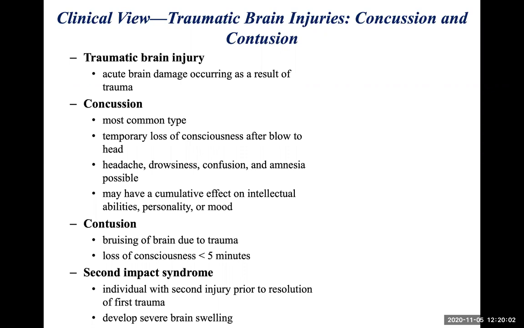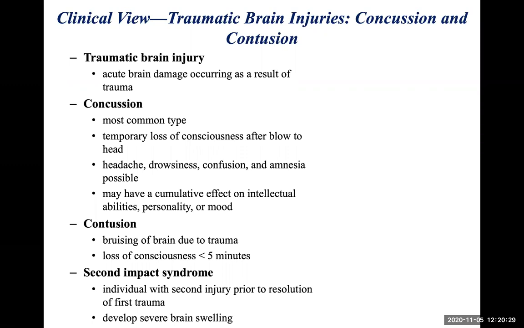And then the second impact syndrome, what I want you to know about that is that it's tied to the summative effect of concussion. Second impact syndrome says if somebody has a brain injury, they're much more likely to have a second, recurring brain injury in that first year.